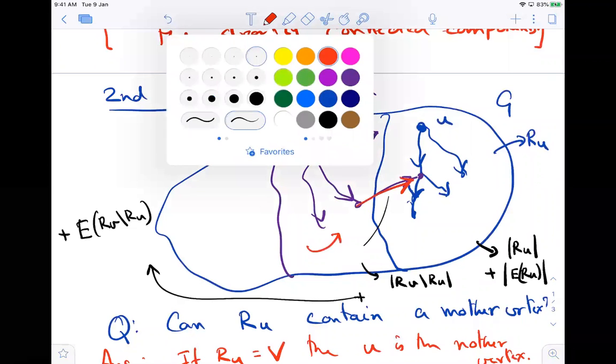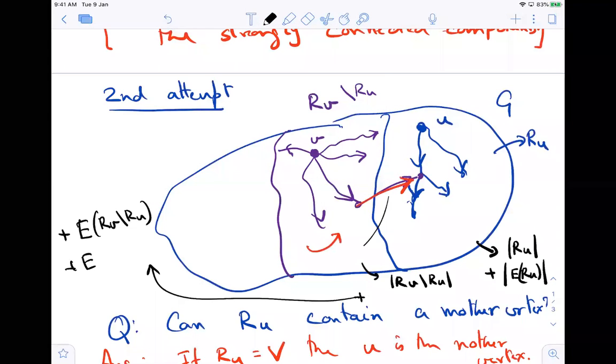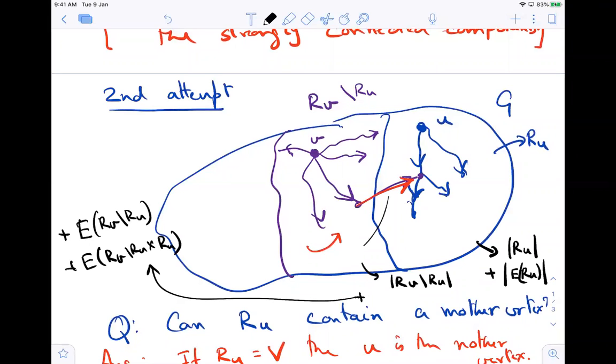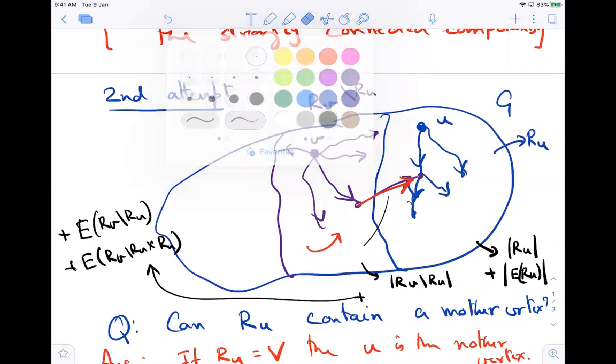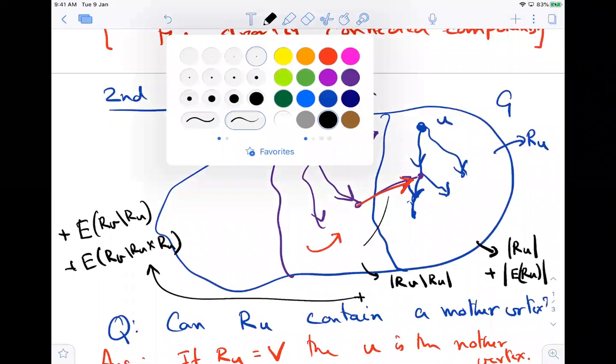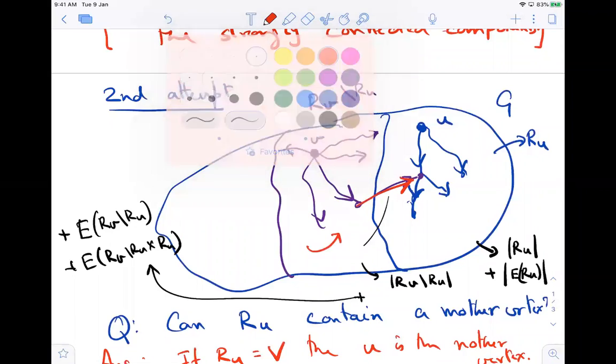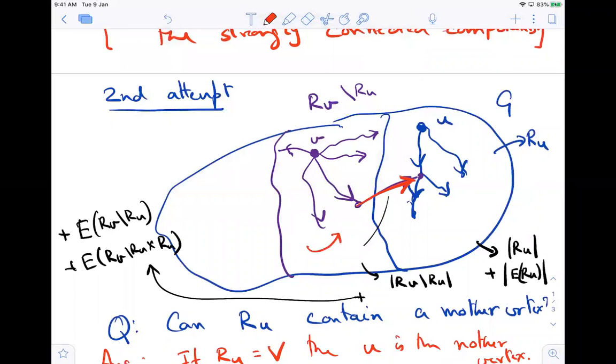Plus E of R of V minus R of U cross R of U, meaning edges that are going from this part to this part. Is it clear?